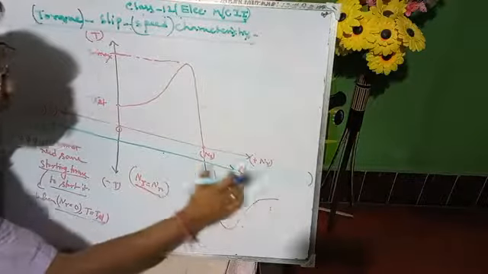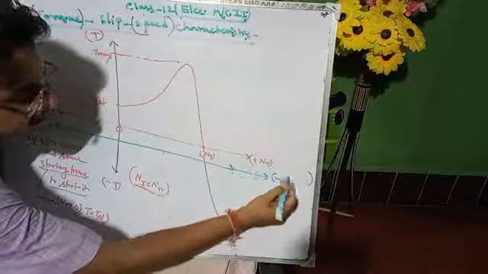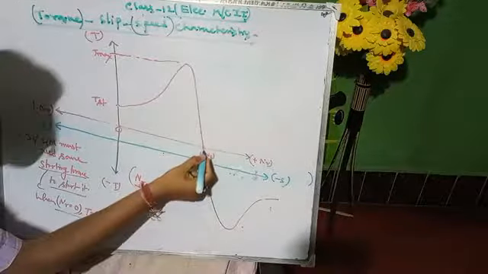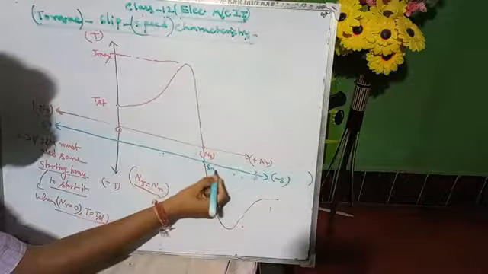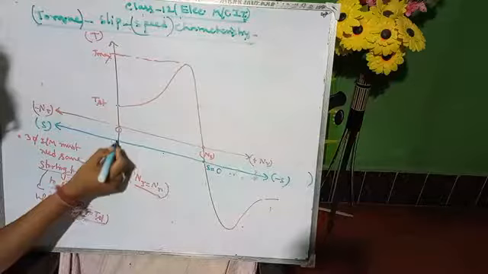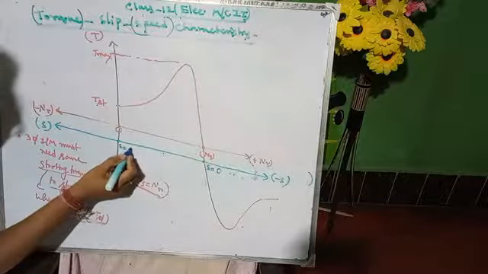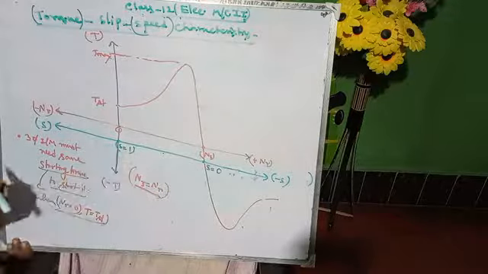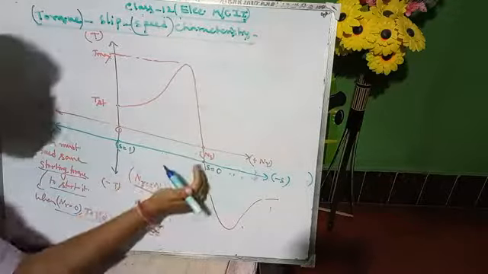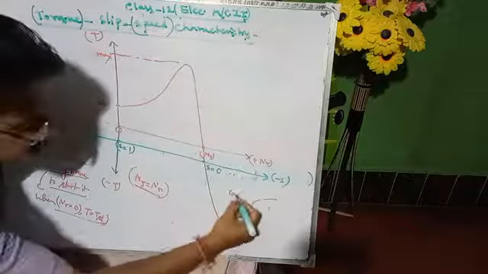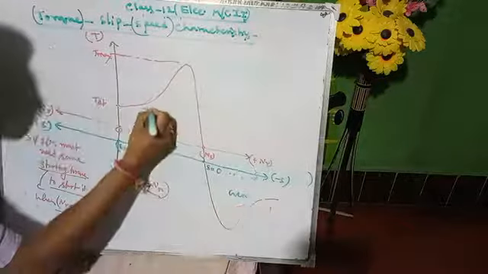At this situation, when ns equals 0, what is slip? 0, right? And when nr equals 0, then slip equals 1. So between 0 and 1 is the motoring region, and when slip is less than 0, it will act as a generator. This region acts as generator, and this region acts as motor.